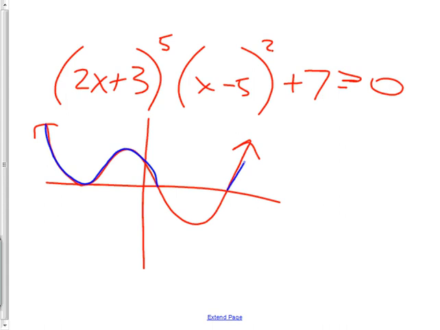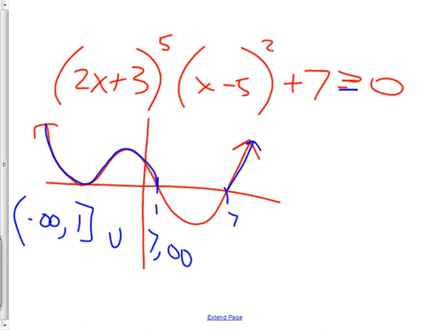All the places that I put in blue here, that's where it's greater than 0. So let's say this spot here was at 1 and this was at 7. Then I would say it's greater than or equal to 0 between negative infinity and 1. And it's okay at 1 because it says or equal to. It works. Okay, so 1 works. Union with 7 to infinity. 7 is a 0. 0 is greater than or equal to 0, so it works. Bracket. There'd be my answer for that.